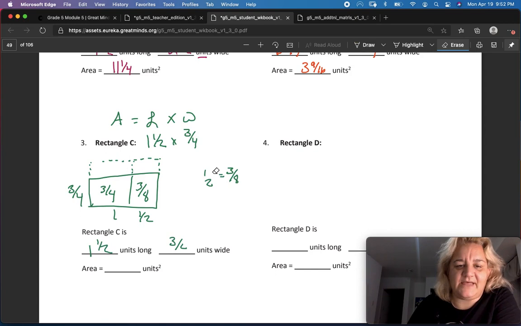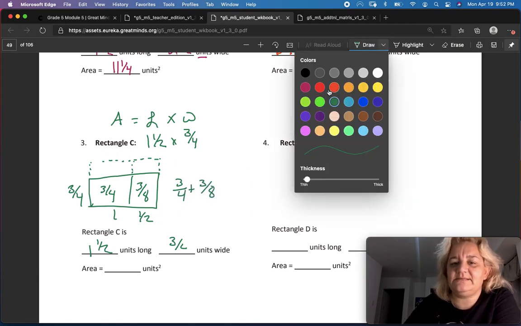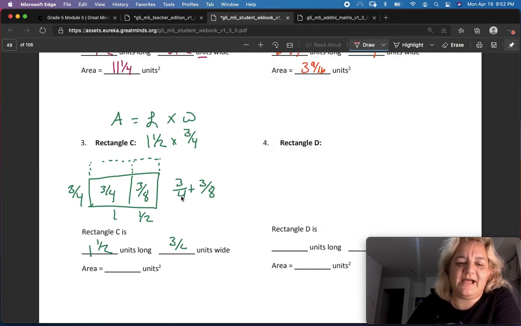All I need to do is add 3/4 plus 3/8. And that also means that I need to make a common denominator. Remember, fractions, when you're adding, they need to be common denominators. We're not multiplying. So we're going to multiply this times 2 and get 8. And we're going to multiply this times 2 and get 6.